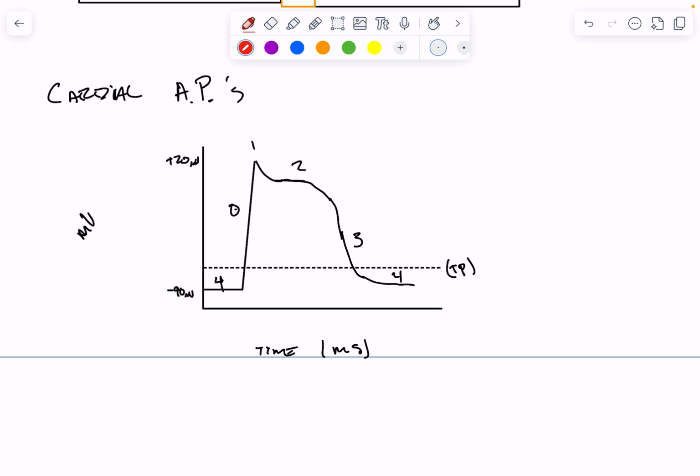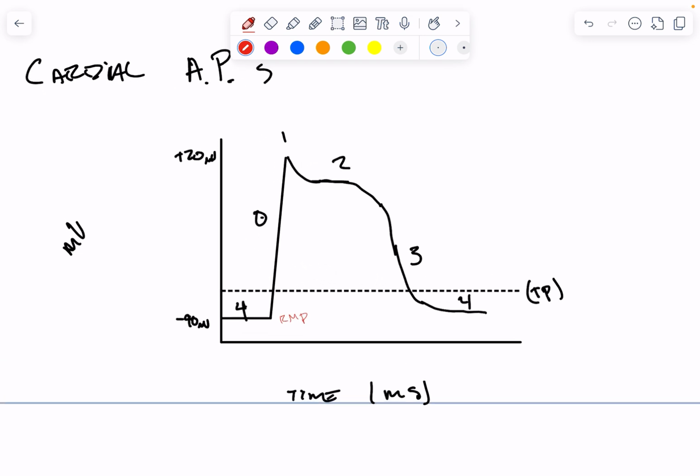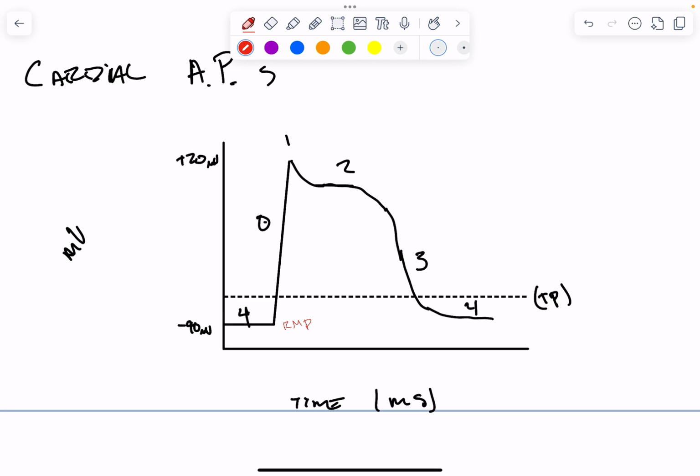Right here, this is the resting membrane potential for a heart cell, and it's a little bit lower, at -90 compared to -70 or -80 for skeletal muscle cells. It's extremely important to remember that cardiac muscles are very permeable to potassium.